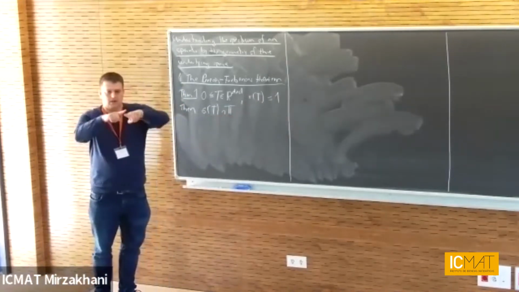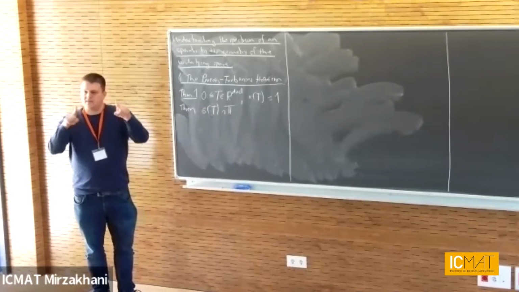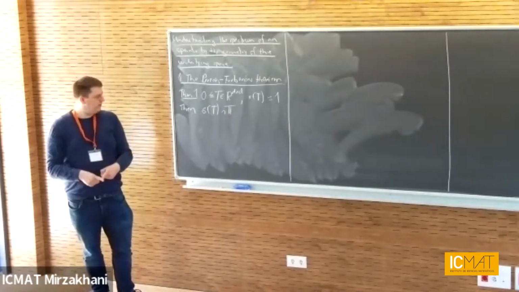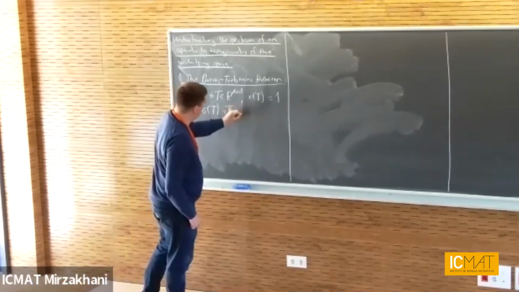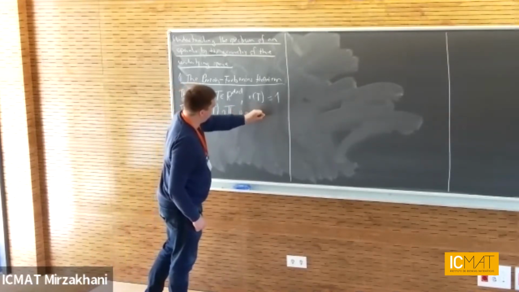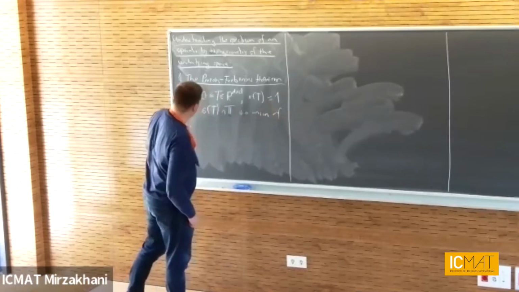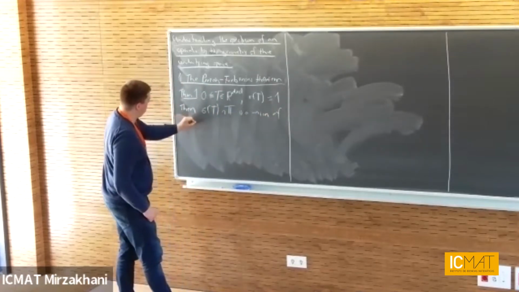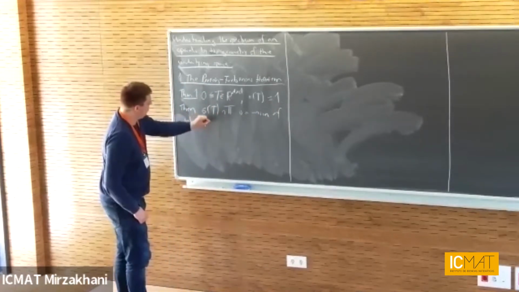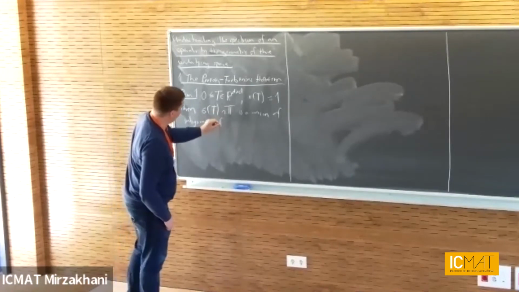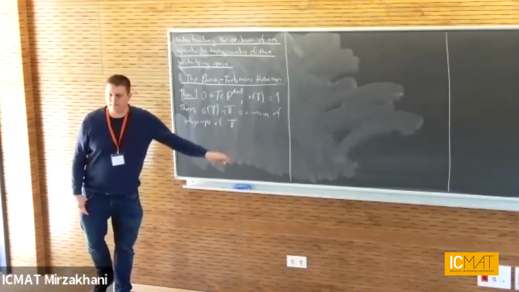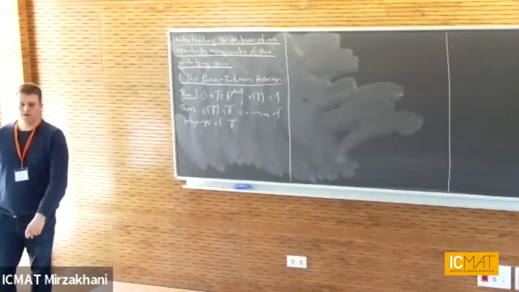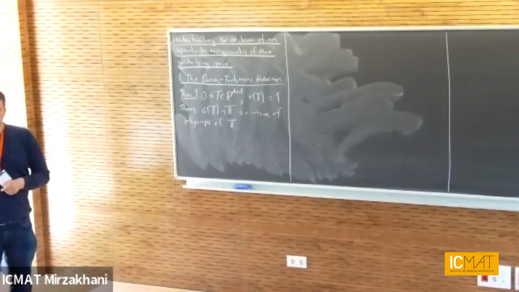So this is the circle where you have some eigenvalues of maximum modulus, right? And the result is that this peripheral spectrum is the union of subgroups of the unit circle. So by subgroup, I mean subgroup of the multiplicative operation on the unit circle. This is a union of subgroups.